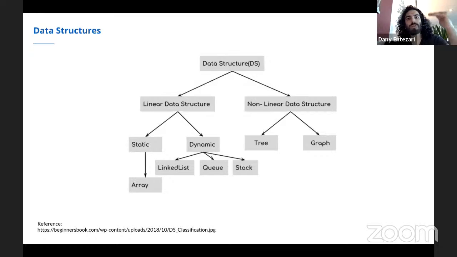And the rows would correspond to a person. First row will be one person, second row another person, third row another person, and so on. You obviously know this. So this Excel document, that is sort of the data structure. That is a structure that contains data.